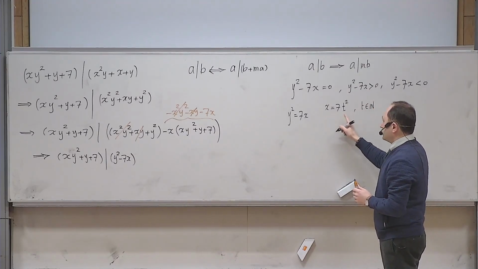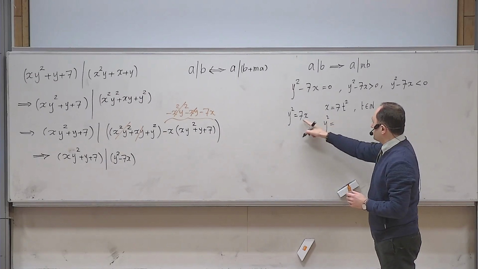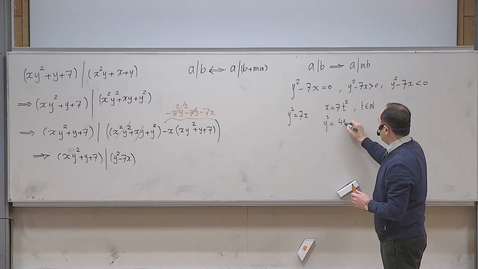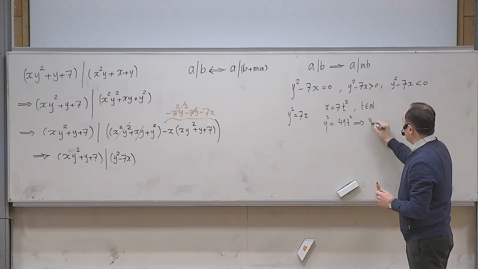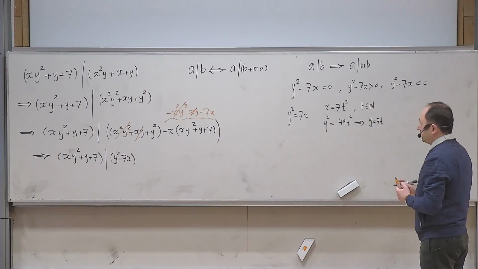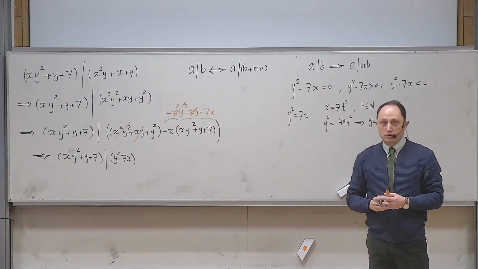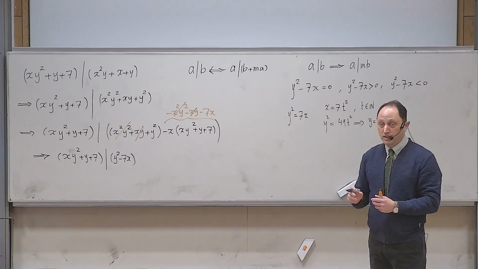But if x is this number, when I put it here, y squared, which is 7 times x, becomes 49t squared. And because I am looking only for natural numbers, y becomes 7t. t is the same t. So apparently, I got infinitely many candidates for my solution. They are not yet guaranteed.